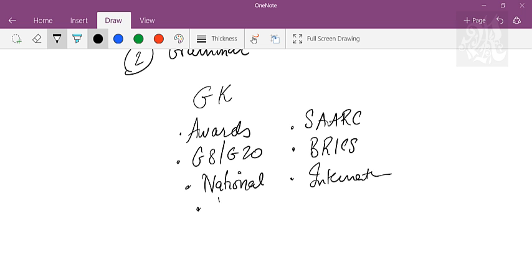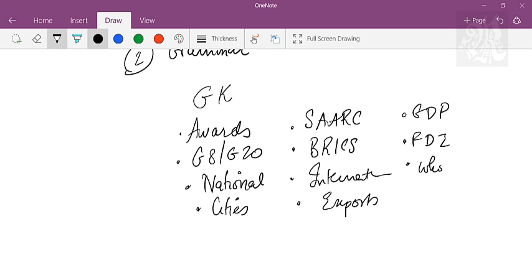Talk about cities of the country. Talk about exports, GDP, highest FDI, and who's who, you can say. And you can talk about Oscars, Academy Awards, alright, and these kinds of things. So basically GK is going to be very generic.